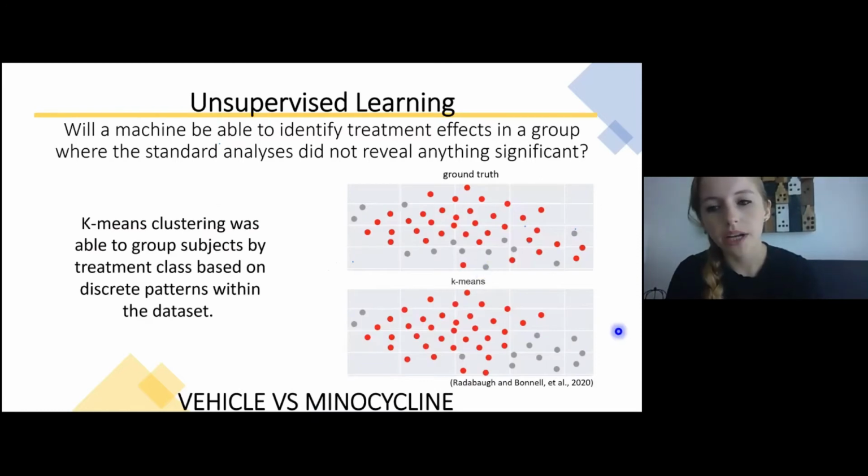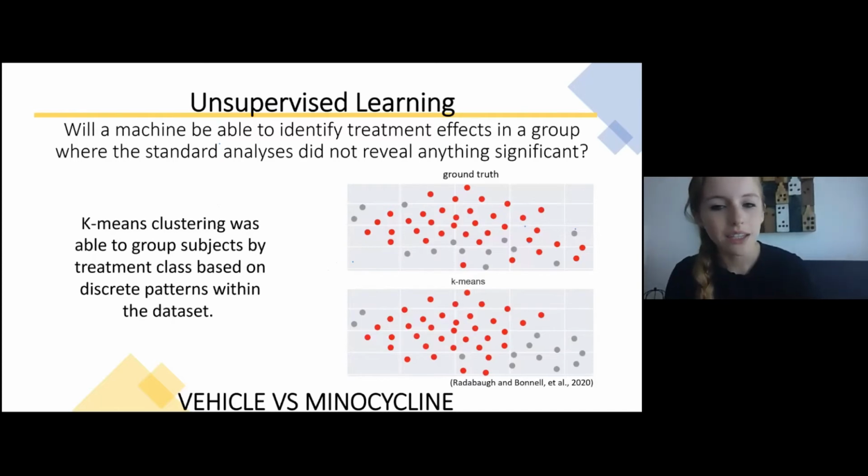And so we applied a combination of dimensionality reduction, which would have been the t-SNE technique that I talked about a little bit ago, and k-means clustering to determine if there were patterns and correlations present within the data set that would allow the machine to cluster these subjects, represented by individual dots here, by the treatment they received, despite giving no information about the treatment groups.